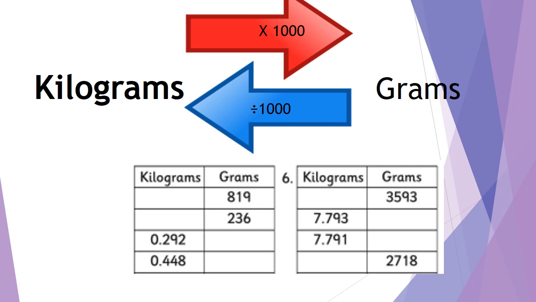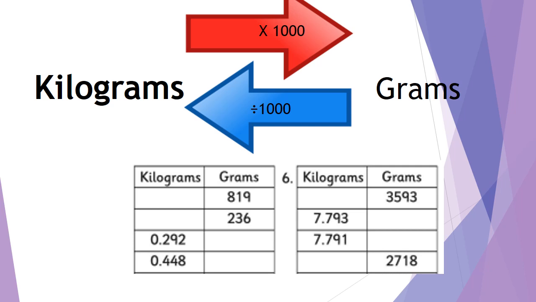So 819 divided by 1,000. Now we know with whole numbers there's an imaginary decimal after our number. 819 has a decimal after it, but we just don't need to write it because it's a whole number. There's only zeros after it. But if we did put the decimal there, we'd need to then move our number 3 places to the right of that decimal.